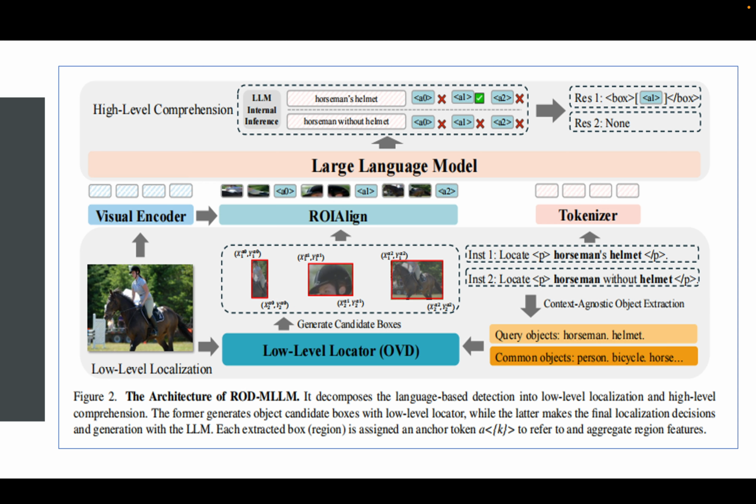These are the candidate boxes shown in red on the bottom right here. To generate candidate boxes, every detected object is represented by its bounding box, as we see, x1, y1, x2, y2. These boxes are passed forward for high-level reasoning. The key idea is that this stage defines everything that might matter. The next stage decides what actually matters in this scenario.